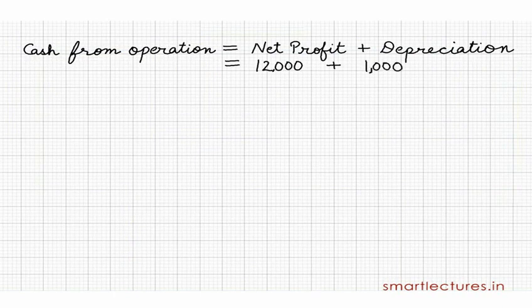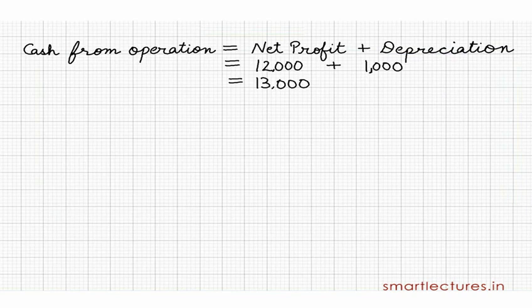Net profit rupees 12,000 plus depreciation 1,000, because this is a non-cash item on the debit side. It must be added back to net profit to reach cash from operation, as I have already explained in my previous segments. So in this way I can say that cash from operation is 13,000.